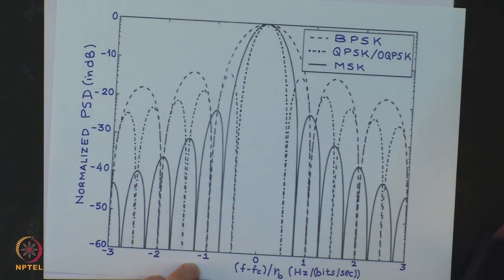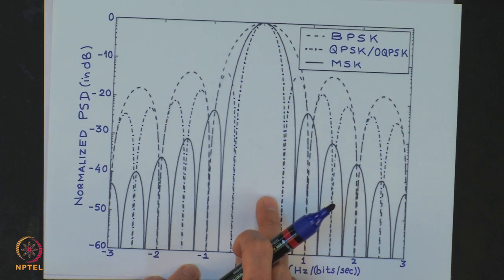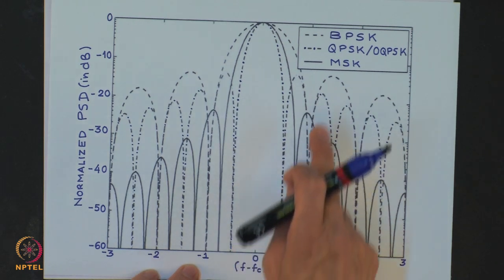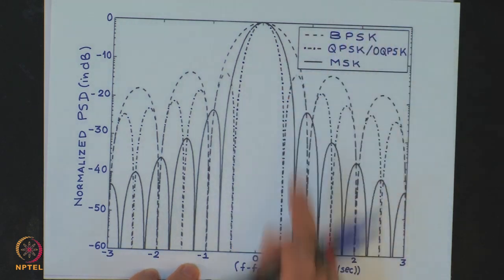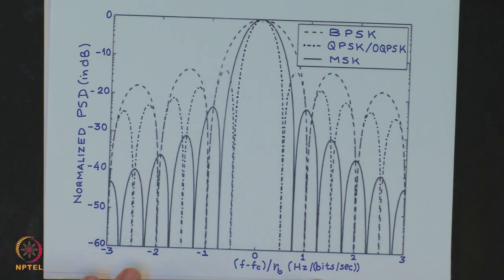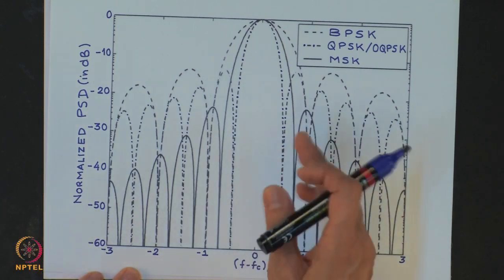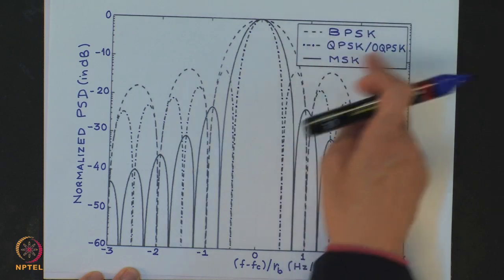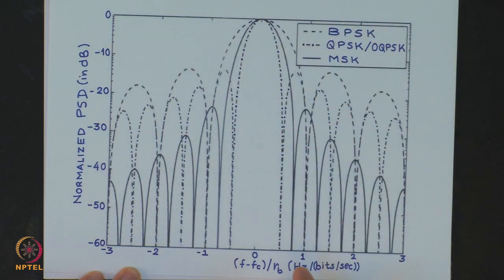And from these normalized power spectral densities for the 3 modulation schemes, it is clear that MSK has an advantage over the other 2 schemes as far as the side lobe levels are concerned.